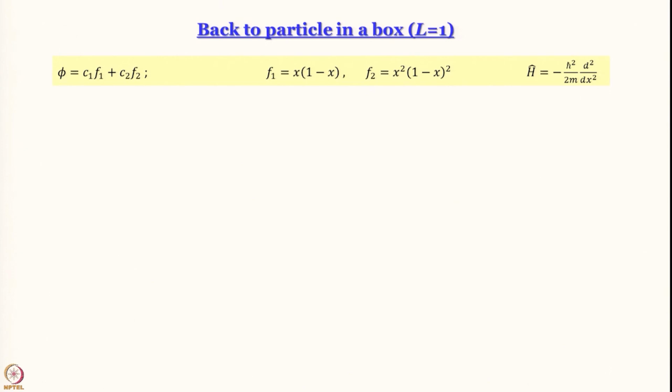Remember which trial function we had used earlier? We had used phi equal to x to the power alpha into 1 minus x square, I think something like this. And that alpha had come out to be, I think, 0.862 or something like that.